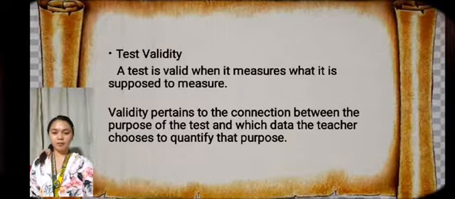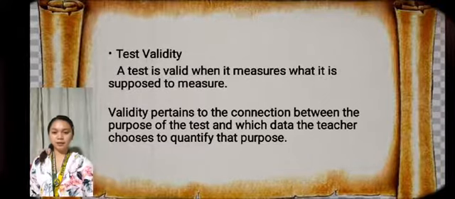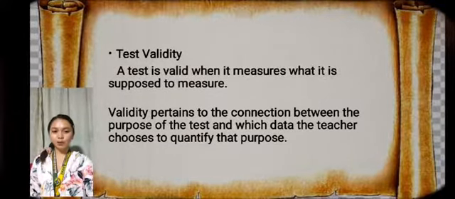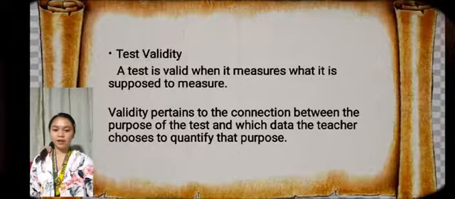First, we have test validity. A test is valid when it measures what it is supposed to measure. Validity pertains to the connection between the purpose of the test and which data the teacher chooses to quantify that purpose. If a quarterly exam is valid, then the contents should directly measure the objectives of the curriculum.